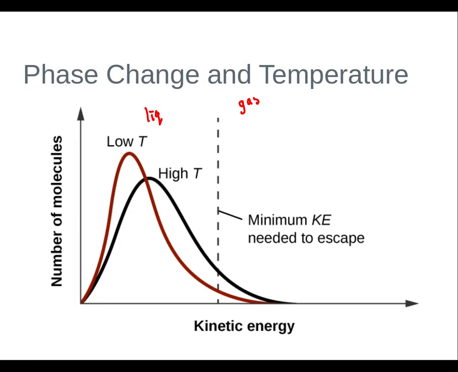Now the reason hot liquids evaporate faster has a lot to do with the fact that as we heat things up, we move that kinetic energy higher. And the higher it gets, the more chance we're going to have molecules that go into the gas phase.